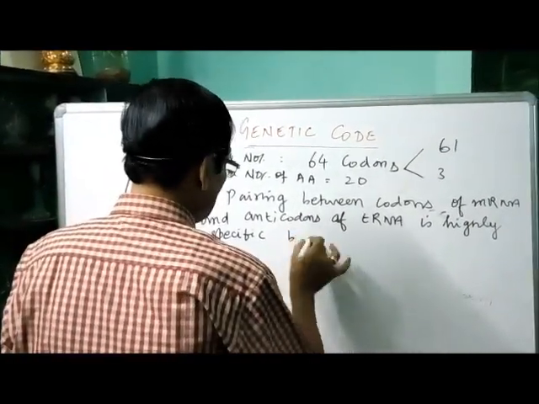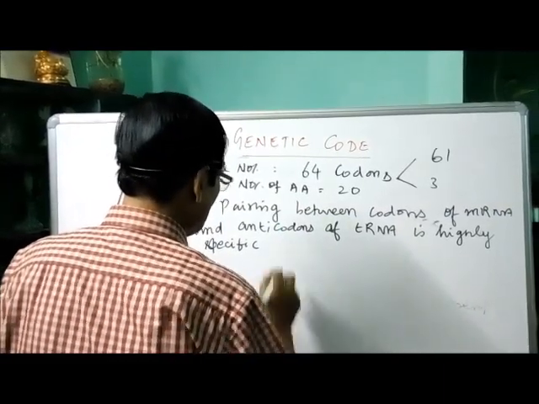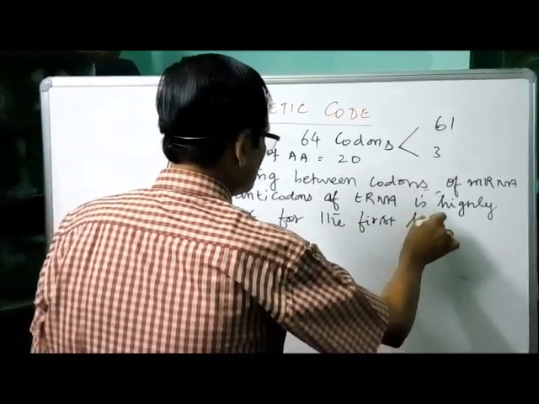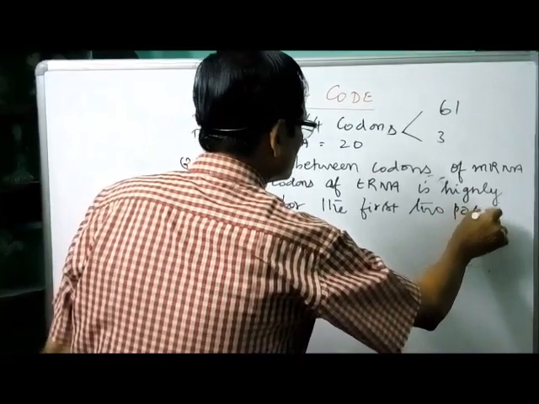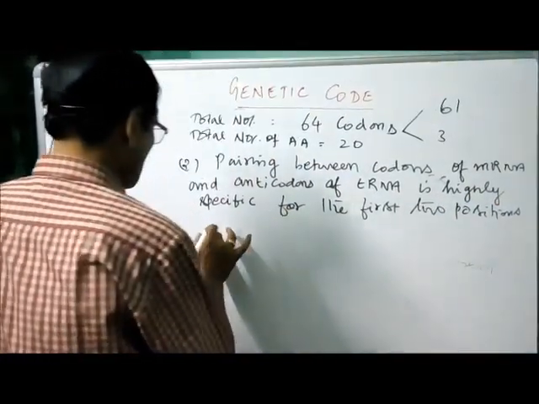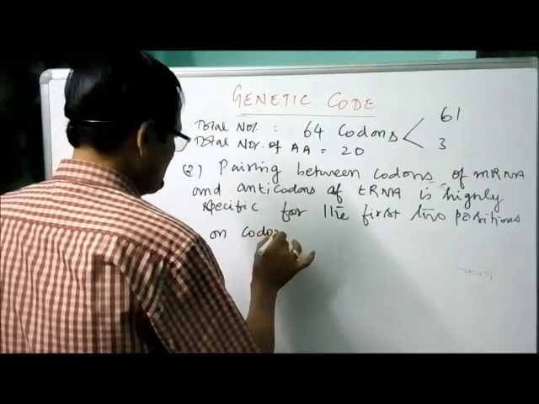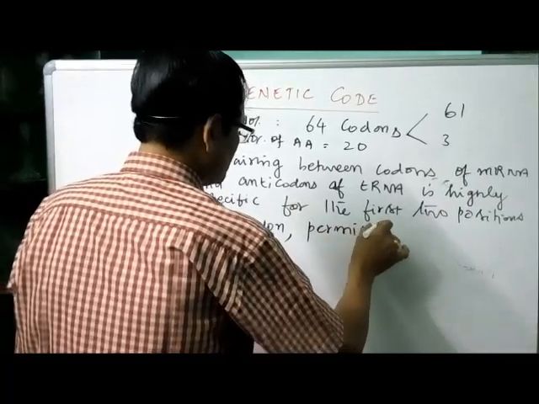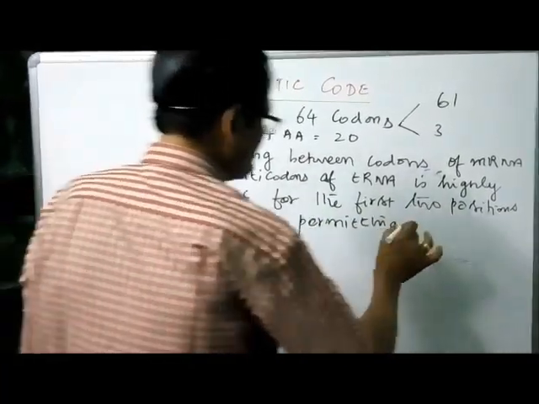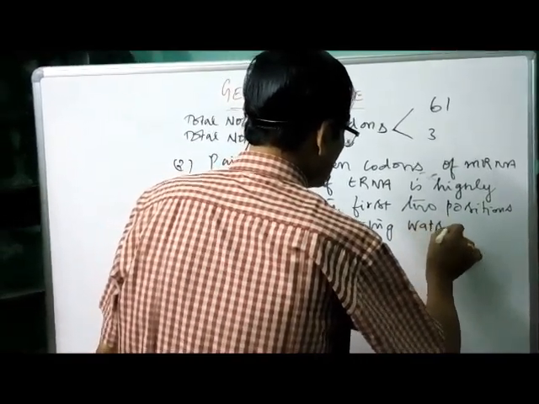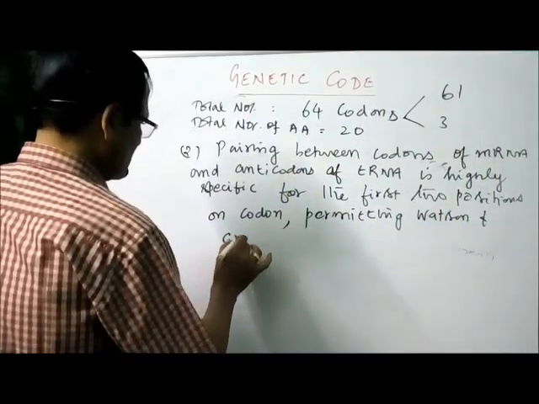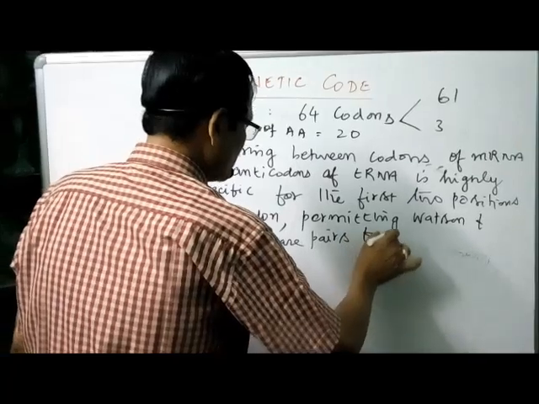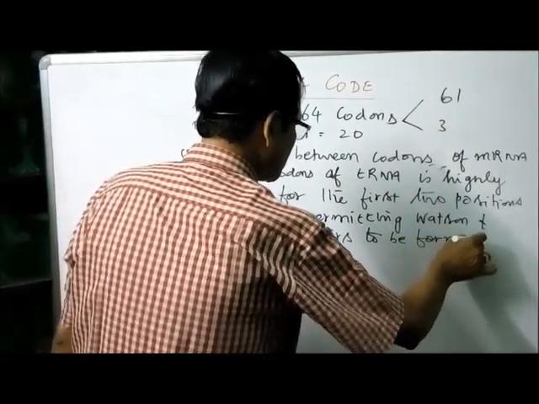This permits Watson and Crick base pairs to be formed. This is the second reason.